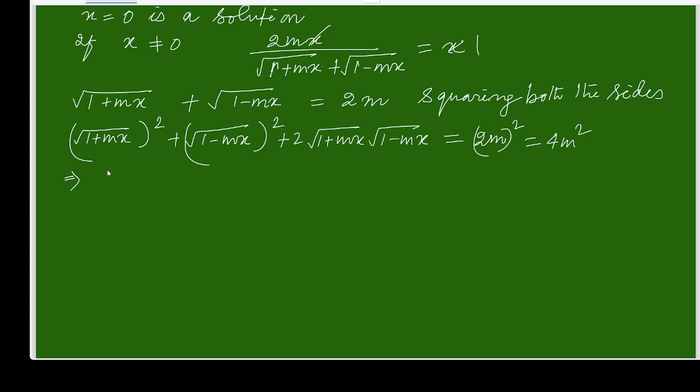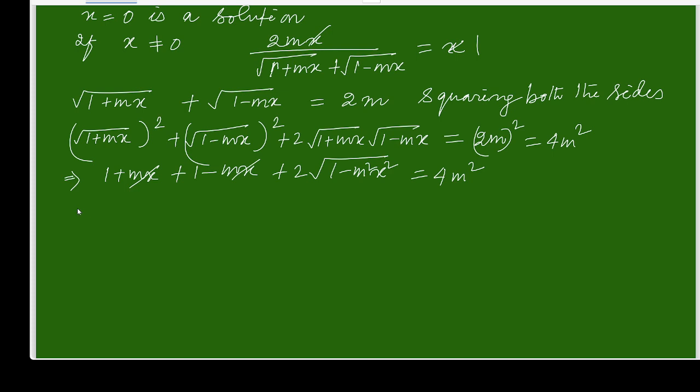So it will be 1 plus mx plus 1 minus mx plus twice square root of 1 minus m square x square is equal to 4m square.